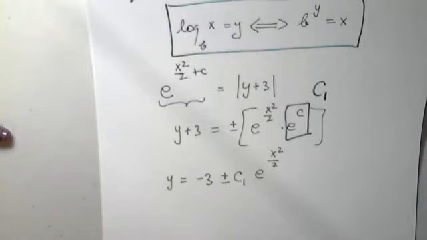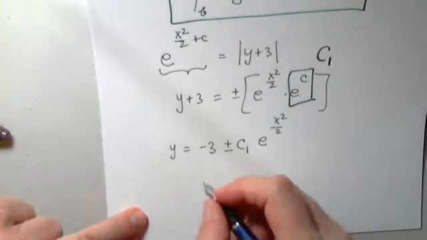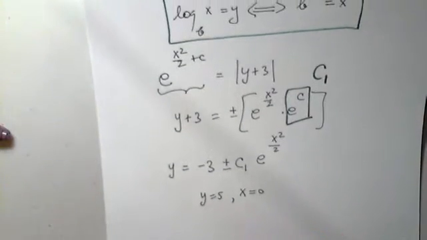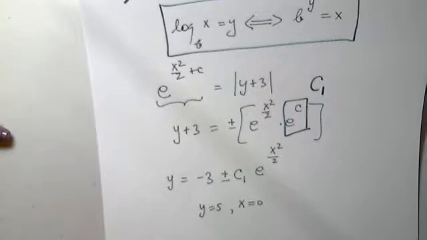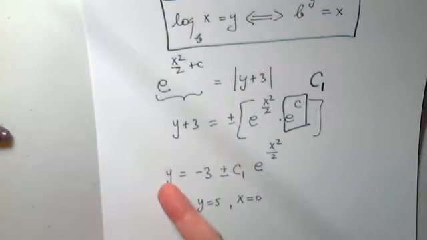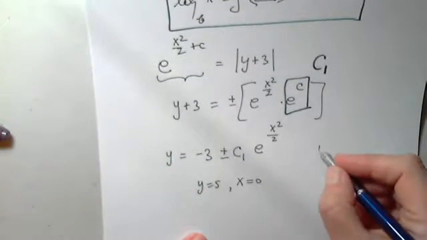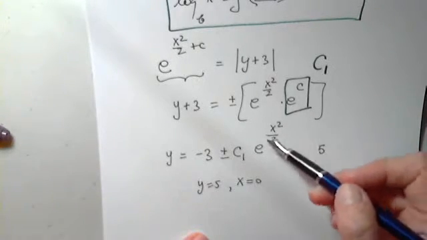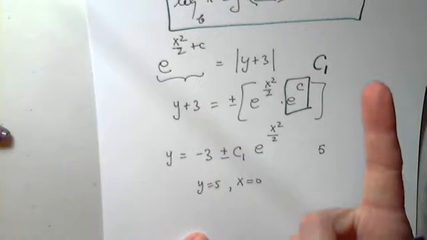We are told, however, that y equals 5 when x equals 0. This will help us determine the constant. So I'm replacing y by 5 and x by 0. This is 0, e to 0 is 1.